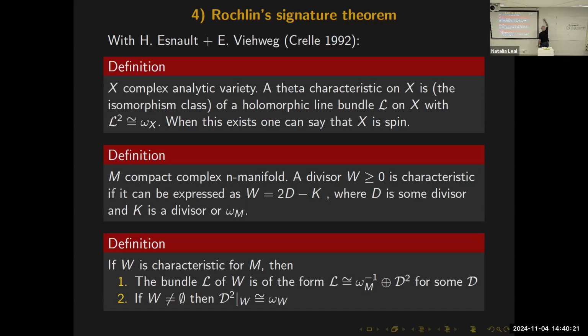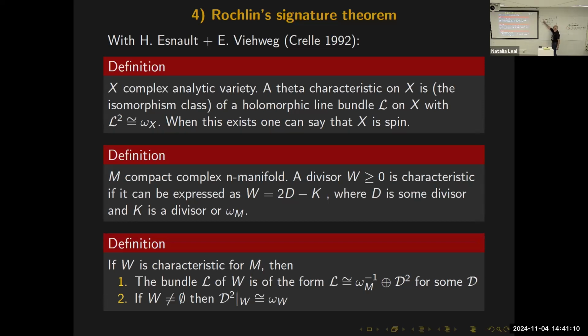Suppose you have a four-dimensional real compact closed manifold M, and define a two-dimensional submanifold W. This is characteristic if it represents a homology class such that, reduced modulo 2, it is the second Stiefel-Whitney class of M. Okay, that's the classical definition.